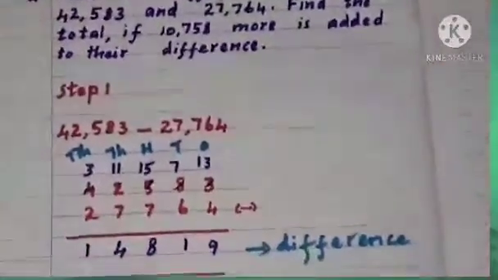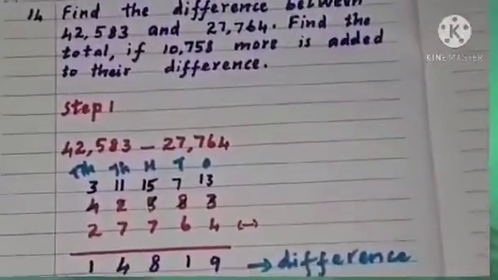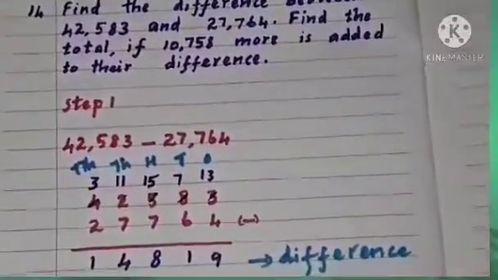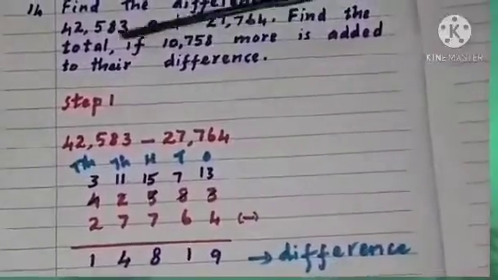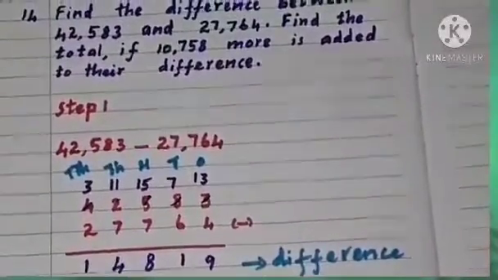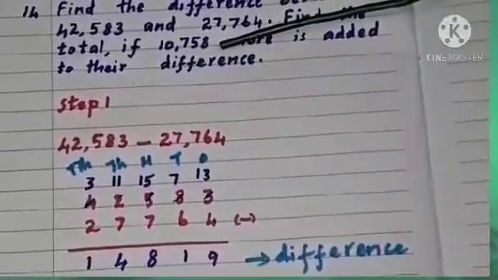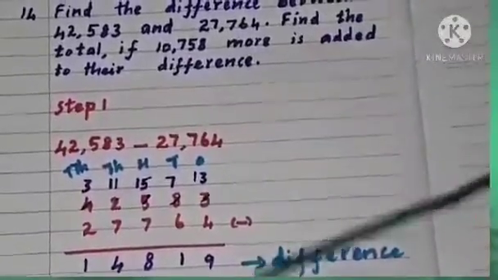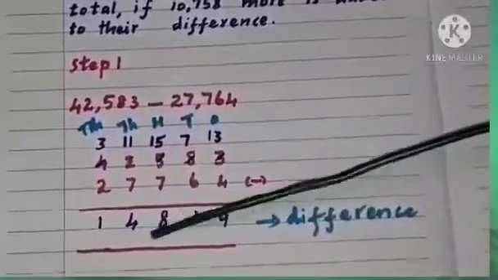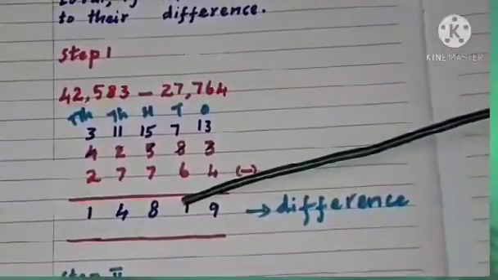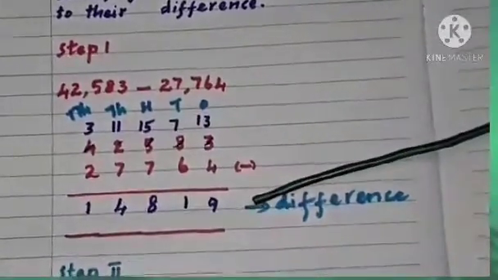Read the question again. Is there any other keyword? Yes, that is total. So, we have to add 10,758 and the value of difference, that is 14,819.